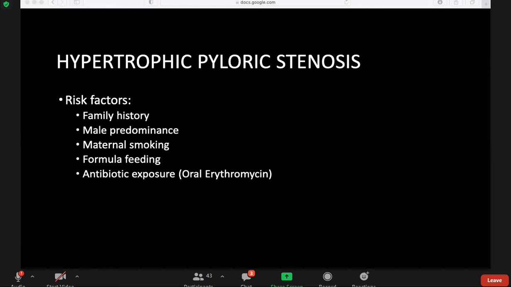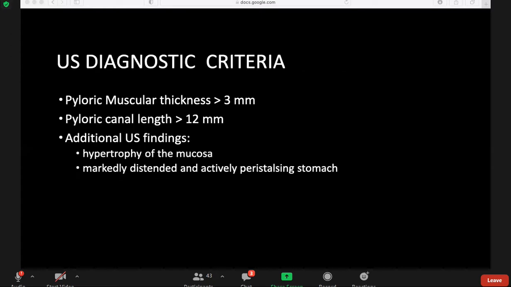Lastly, exposure to antibiotics, more particularly oral erythromycins, has been associated with pyloric stenosis, which is considered a motilin agonist, resulting in contraction of the gastrointestinal smooth muscles, which would further lead to probable hypertrophy of the pylorus.